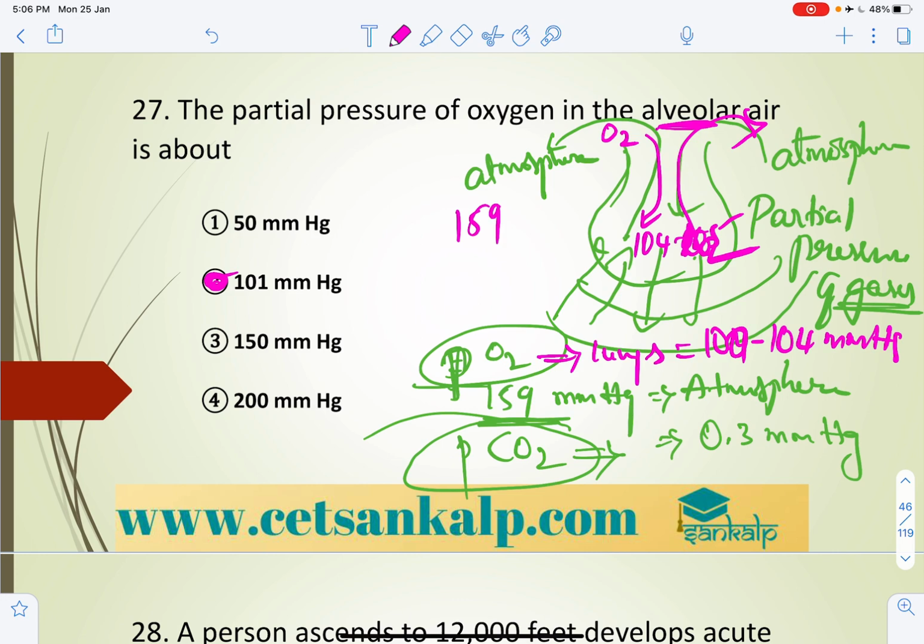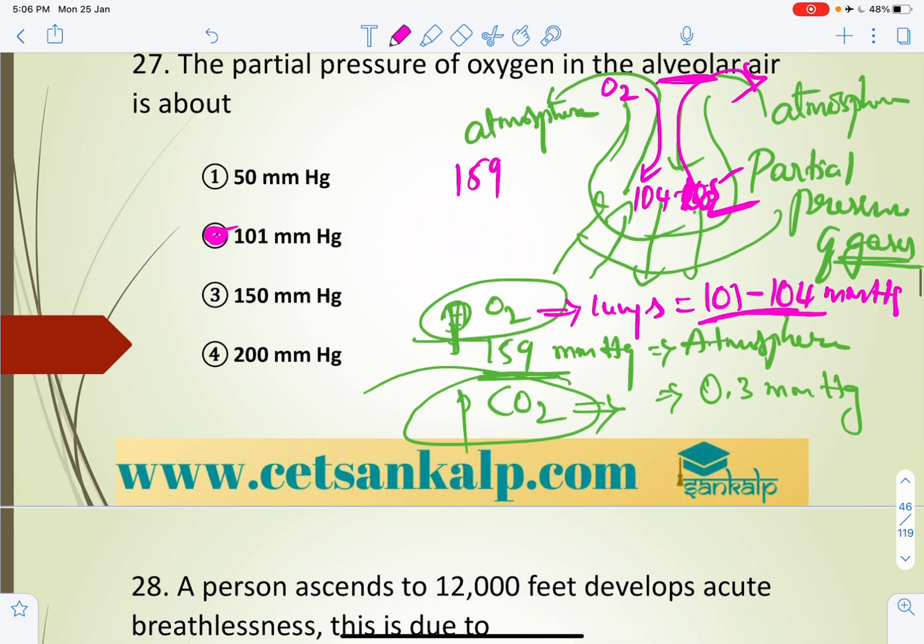This is the reason the gases exchange. According to our NCERT, it is 104, but it will be from 101 to 104, right? Next question.